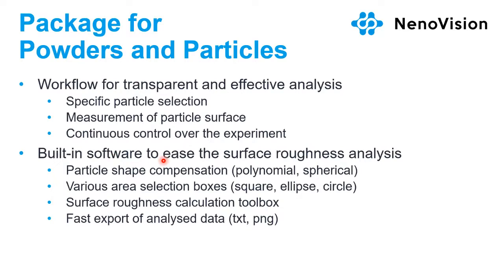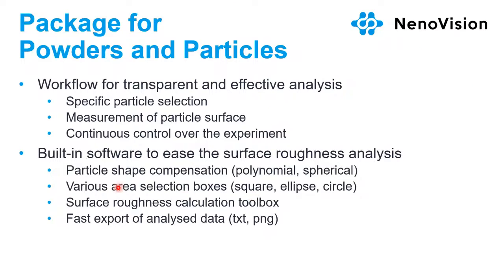We have built-in software in our NanoView, so life is easier as we can calculate the surface roughness directly in this software. We can compensate the particle shape, which is always needed when the particles are small enough and it's not a flat surface, because otherwise the roughnesses are completely different.